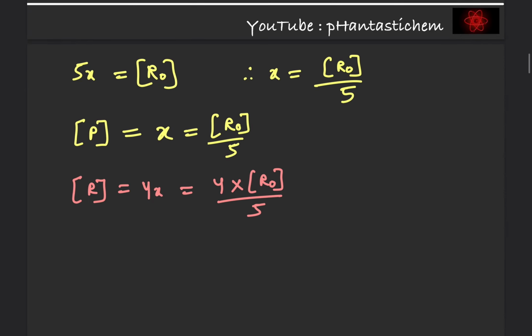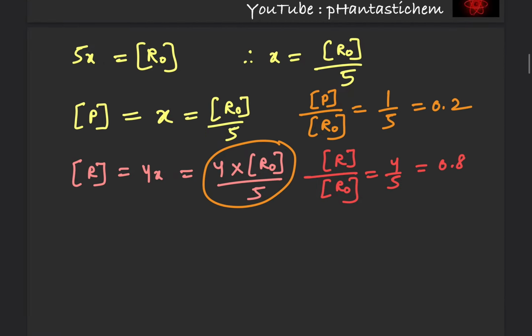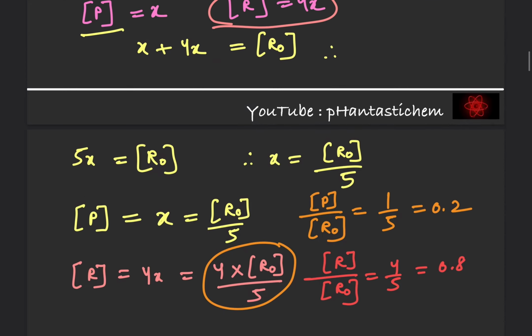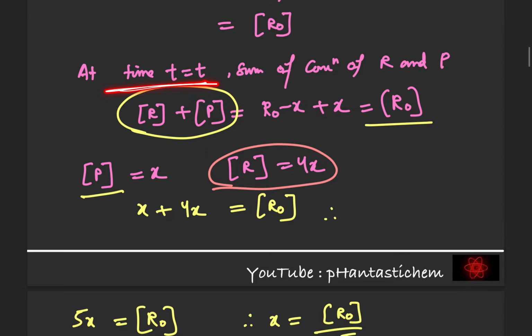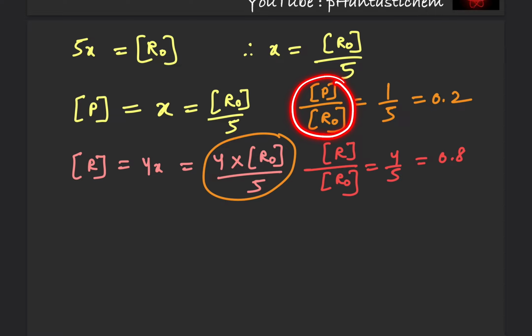From this, the concentration of P divided by R naught is 1 by 5, which is equal to 0.2. And the concentration of R divided by R naught is 4 by 5, which is equal to 0.8. So at equilibrium, P by R naught is 0.2 and R by R naught is 0.8.